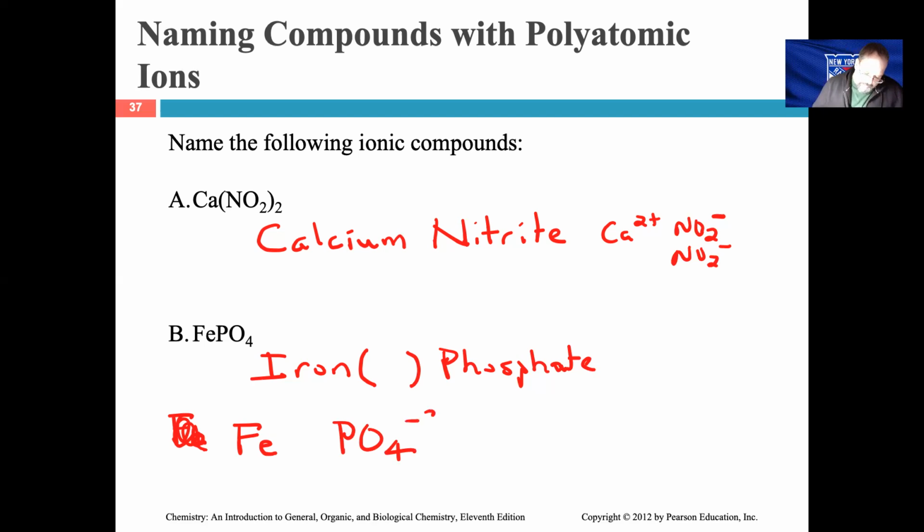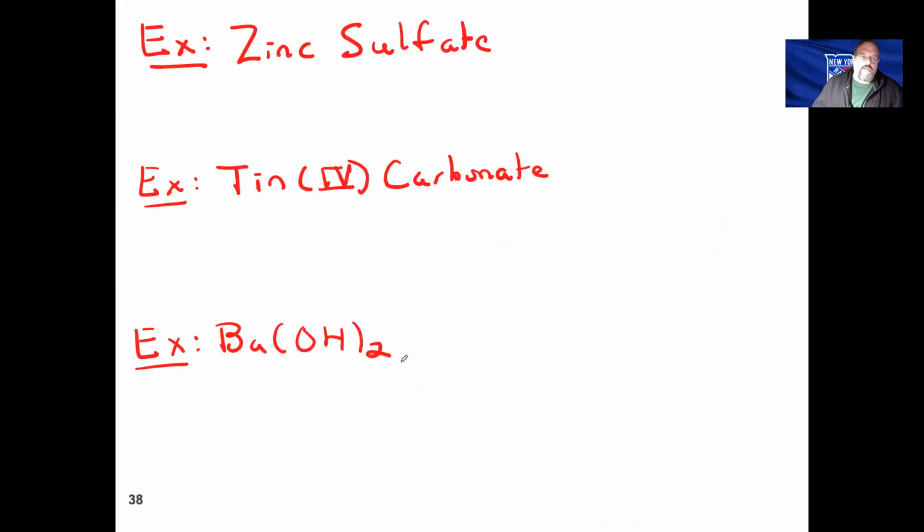And the charge of phosphate, this is something you just have to look at from the chart and find, or essentially memorize, is -3. So if phosphate has a charge of -3 and there's only 1 iron, how do we get the overall charge to add to 0? The charge of the iron has to be +3. And therefore, this would be what is known as iron(III) phosphate. Iron(III) phosphate.